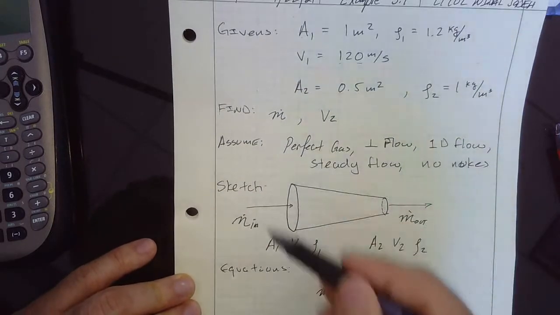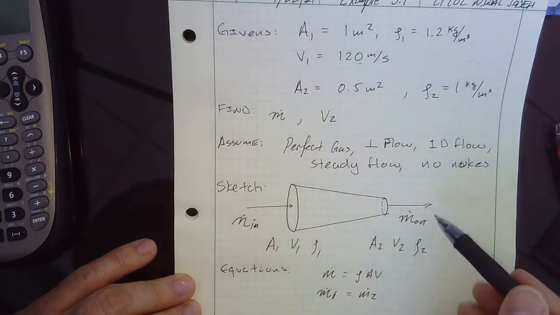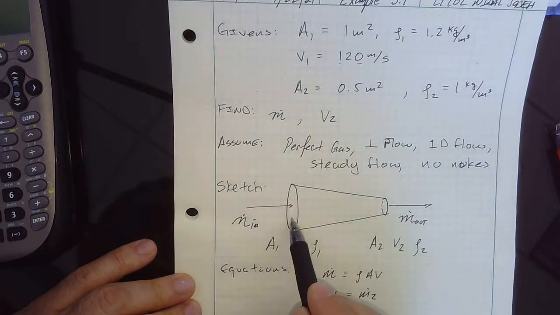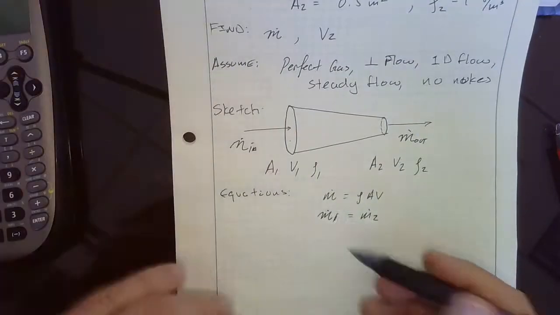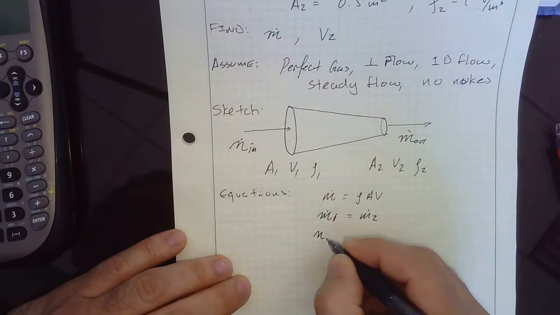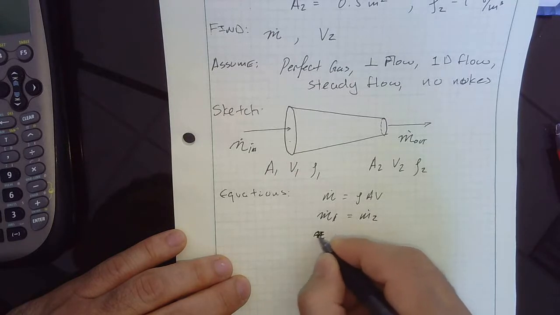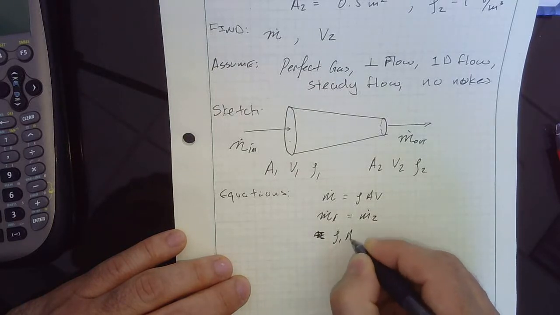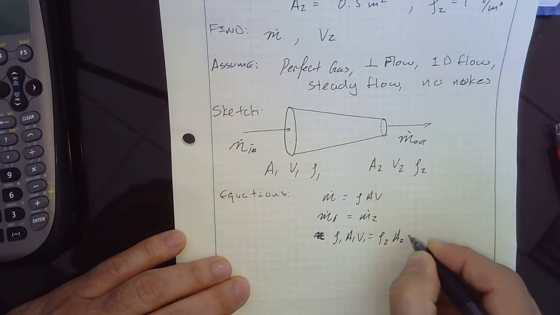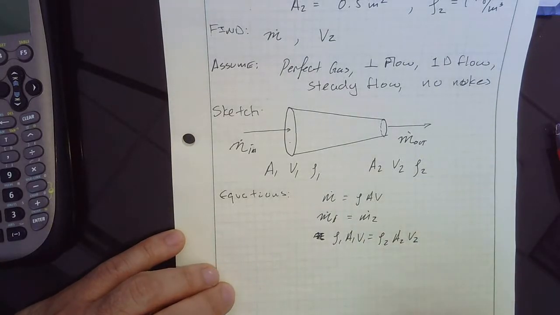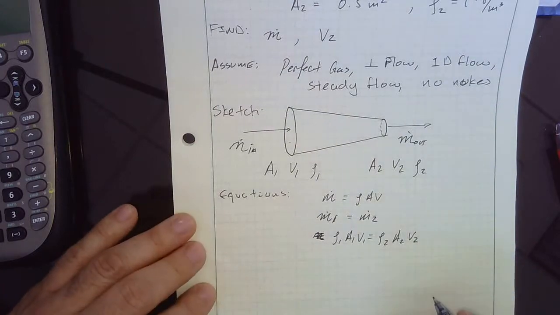If you recall back to the lecture, mass is conserved, neither created nor destroyed. Therefore, what goes in has to come out. But what's changing? The area. This is also equivalent to rho 1 A1 V1 is equal to rho 2 A2 V2. Okay? These are the equations we'll leverage.